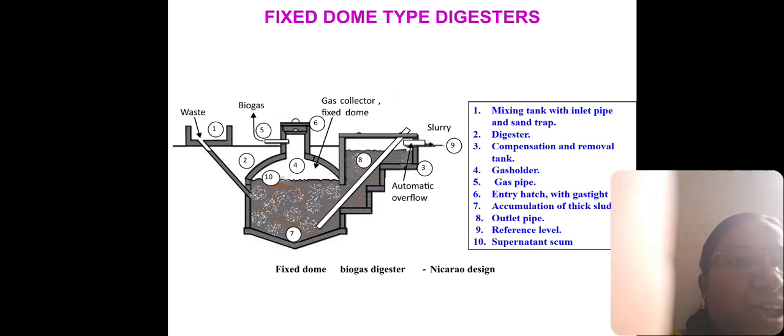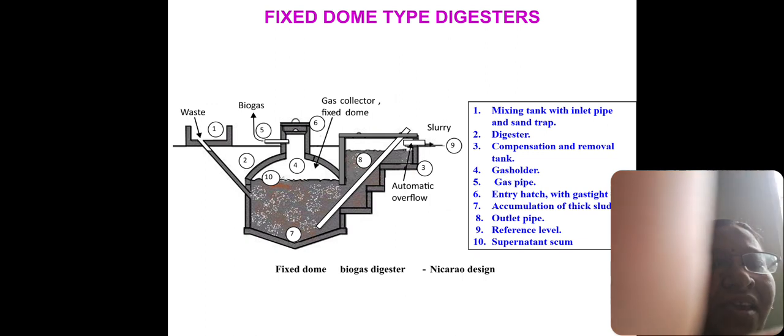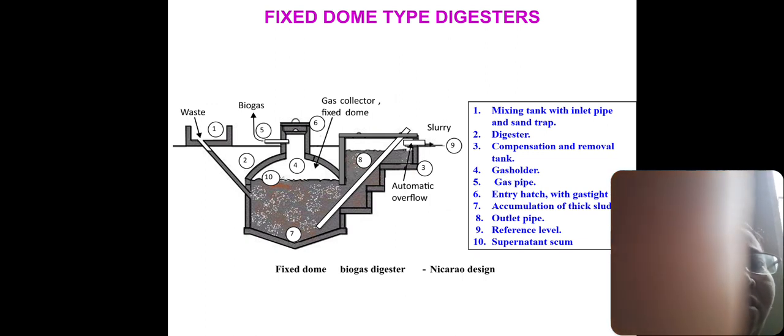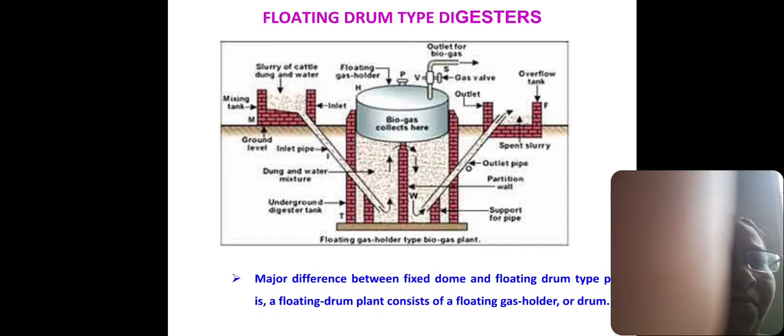In the fixed dome digester, these are the main components: one is the mixing tank with inlet pipe, which will reach the digester, and digester, compensation and removal tank, gas holder, gas pipe, Henry head, accumulation of thick sludge, outlet pipe, reference level, and supernatant scum. The gas will be produced and will float in the upper phase of the digester.